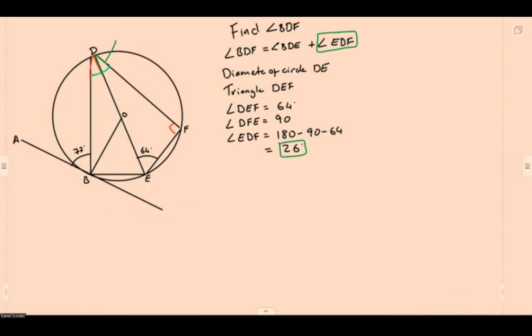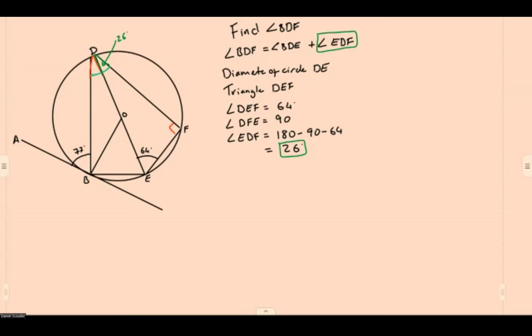That's linked to EDF. It's 26 degrees. So that's everything to the right of that diameter. You're breaking it up into different triangles, and then following your rules to get to where you want to be.